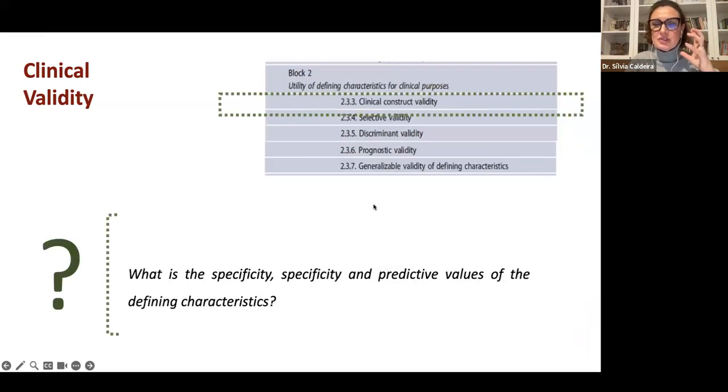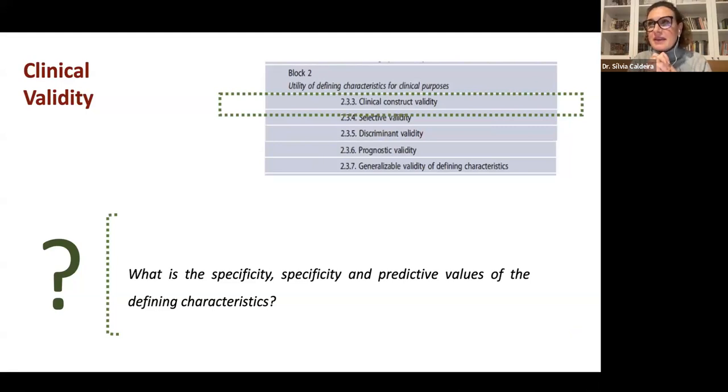Block 2 is related to these questions. The first in block 2 is, what is the specificity and predictive values of the defining characteristics?